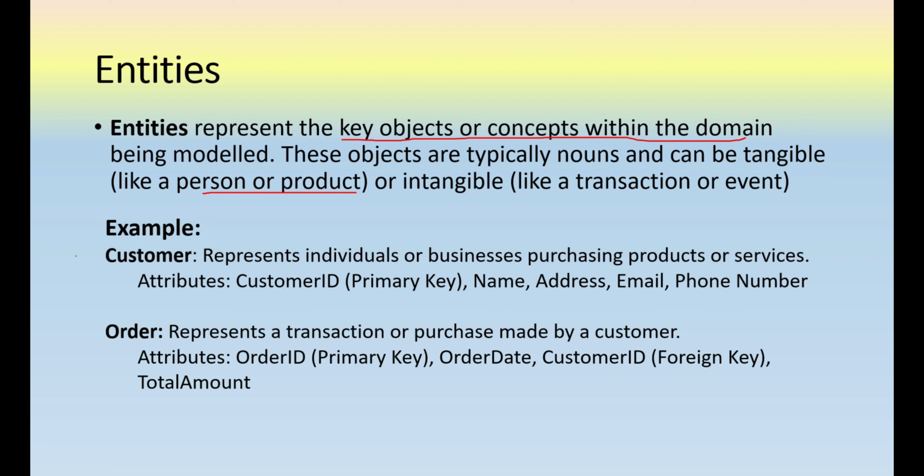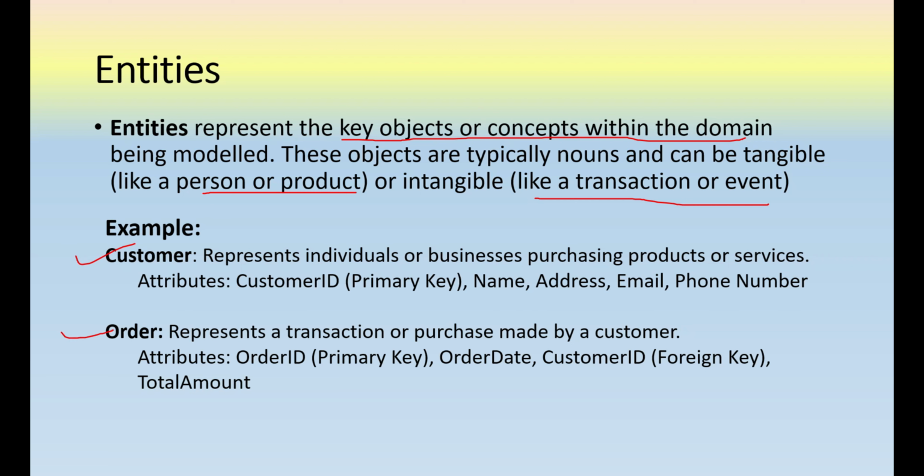Person means it can be a customer, and it can be a product also, a product table you can consider. And it can be intangible also, meaning like a transaction or event. An example of intangible is again order.